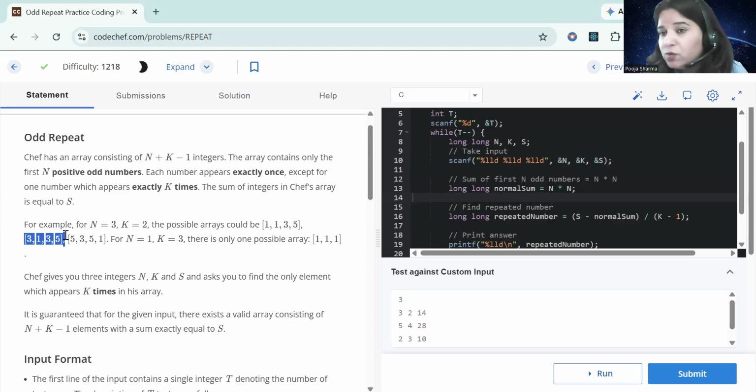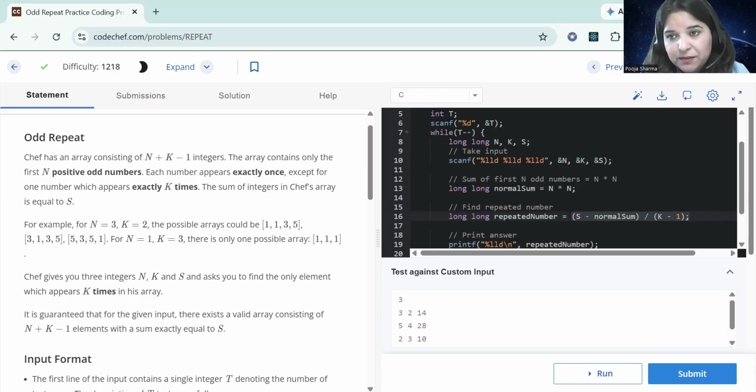What is the basic solution? Simply this formula. S is the total sum given to you minus the normal sum of the first n odd numbers. It's simple mathematics, n square. Alright, divide by k minus 1. This is a simple mathematical problem.